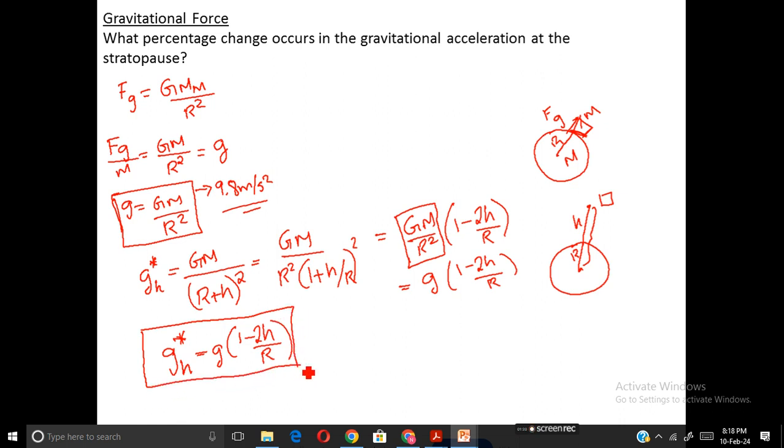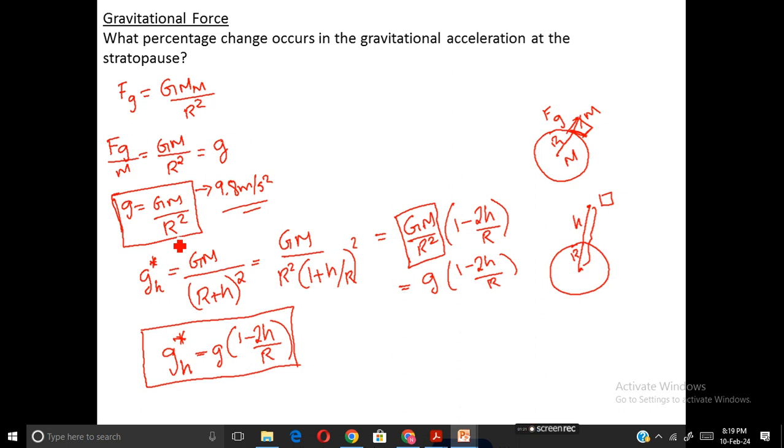Okay, so what did we do? We know the gravitational force is G M m by r square. If we consider unit mass, then force by mass is acceleration, in this case the acceleration due to gravity. So g becomes G M by r square, which is equal to 9.8 meter per second square. This is the case when the object is at the surface of the earth.